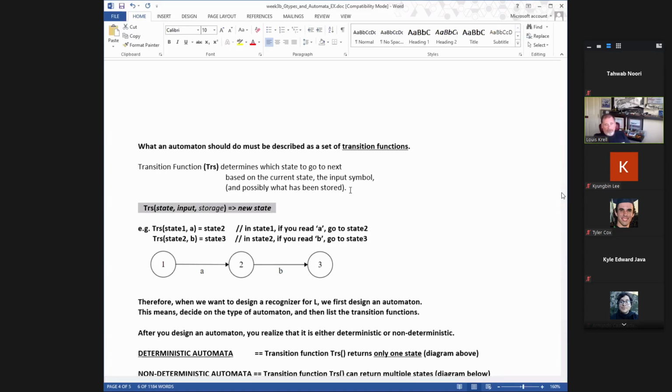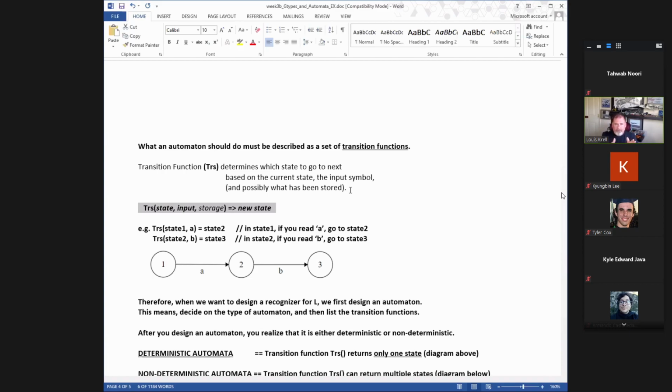It's got transition of your current state, your input, optionally storage. We're not going to look at storage right now because we're only looking at finite automatons for the first couple weeks of the semester. We will get later in the semester to the push-down automatons, which have storage, but we're not there yet because we're only looking at regular languages.